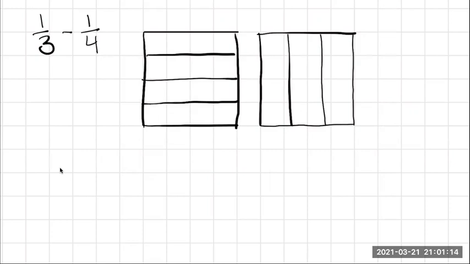So think about which is greater, 1/3 or 1/4. Well, 1/3 is greater because it has a smaller denominator and therefore the pieces are going to be larger. Do you think our answer when we're subtracting 1/4 from 1/3 is going to be a big fraction or a small fraction?